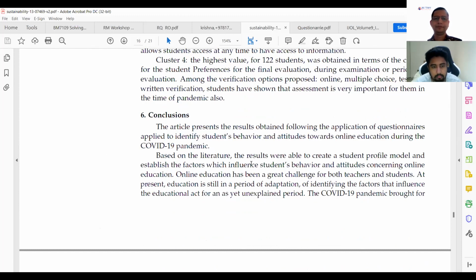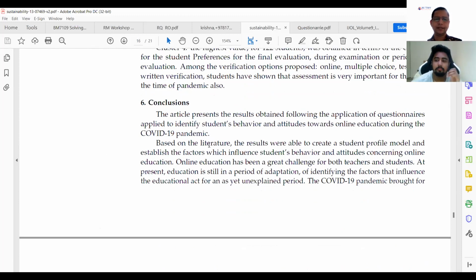Can you see the screen now? Yeah. The article presents the results obtained following the application of questionnaires, and this is the result they found. Based on the literature, the result was able to create a student profile model and establish the factors which influence the student behavior. So they found what are the factors that influence student attitude and behavior towards online education.